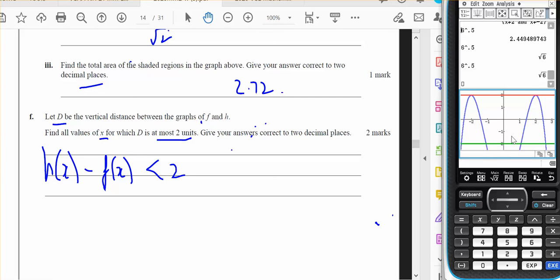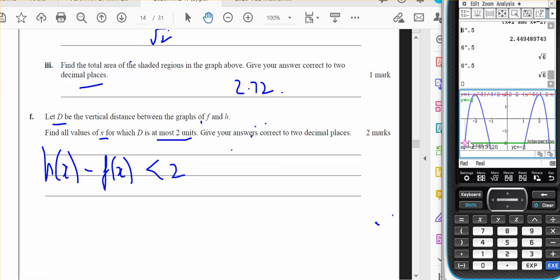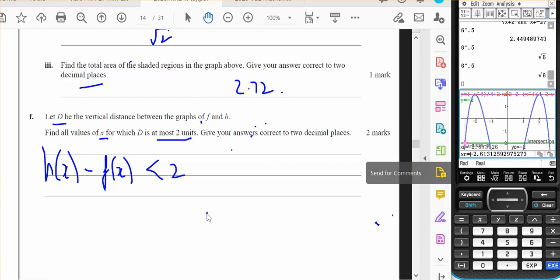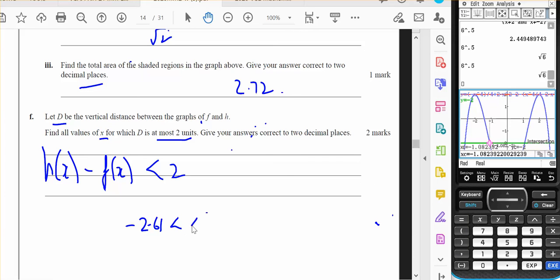So if I consider the intersection points down here, then analysis, G-solve, intersection of the curve of the difference, I'll accept that one, and I want negative 2. So at this point here, which is negative 2.61, the difference is 2, then it's less than 2, less than 2, up until here, which is negative 1.08.